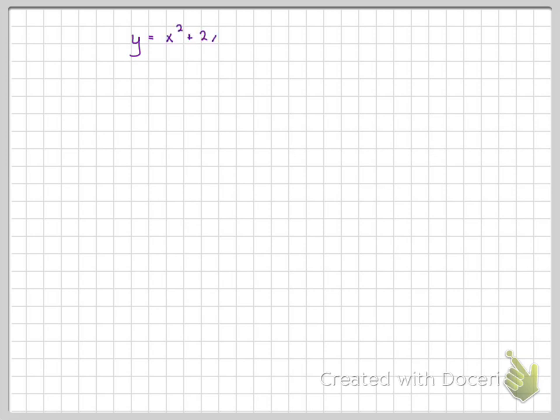Okay. Now, we are told to graph that function right there. Now, that is a parabola because it is a second degree. Okay. Now, in order to avoid having to complete the square on this to find the vertex, we are going to be able to utilize a couple of equations.